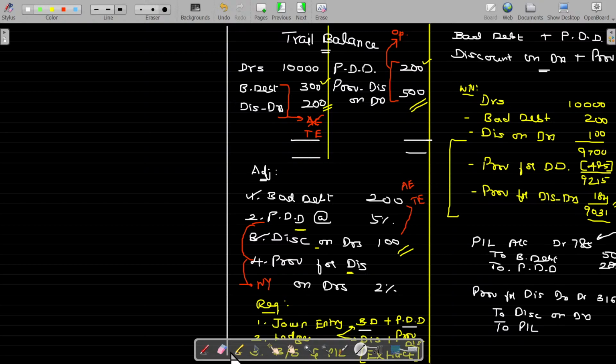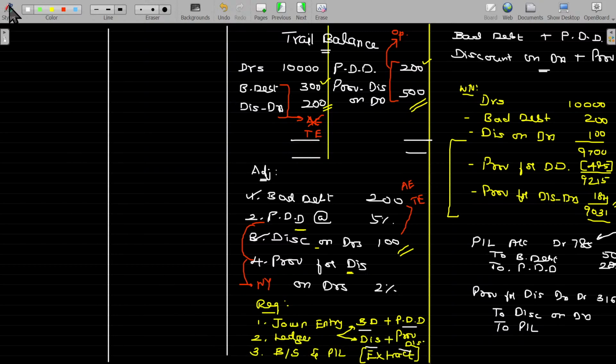How do I work that out straight away in the P&L account as well as balance sheet without passing these kinds of entries? Right. In the balance sheet, what we do is very simple. This block will come in the balance sheet.